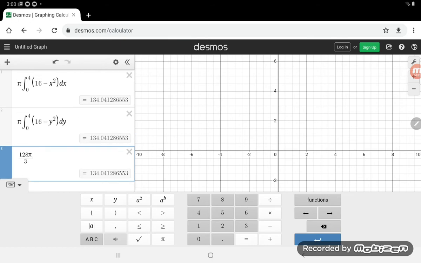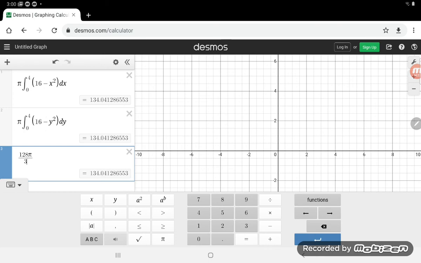But again, I find that Desmos can do funny things when you start using just any old letters, and really funny things if you use letters that it expects to be used in certain ways.